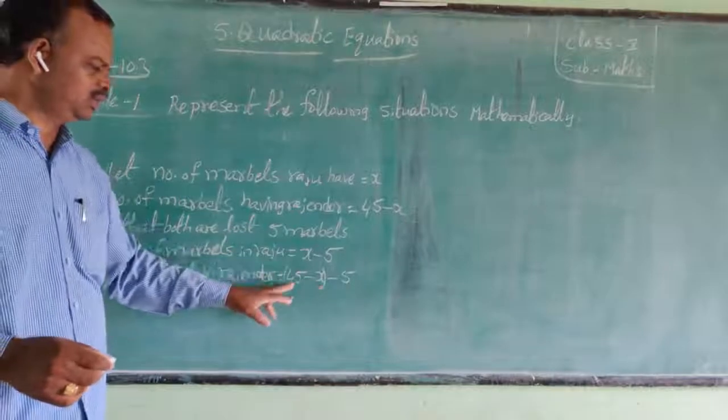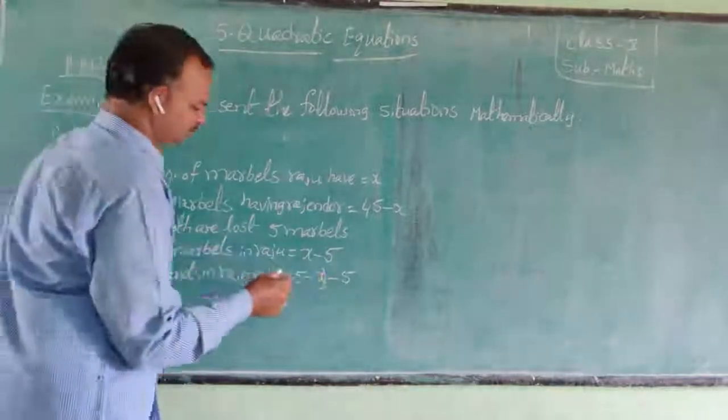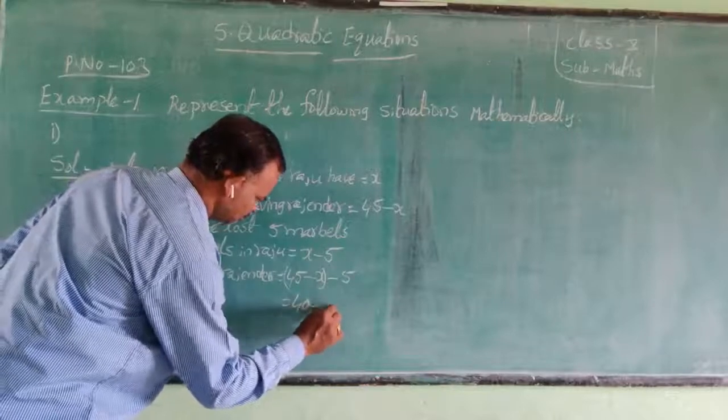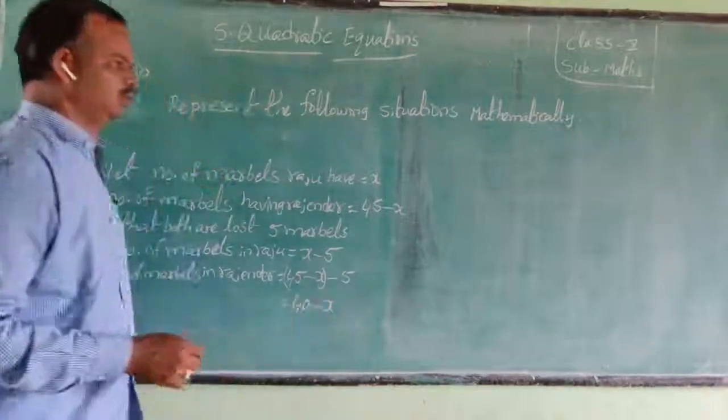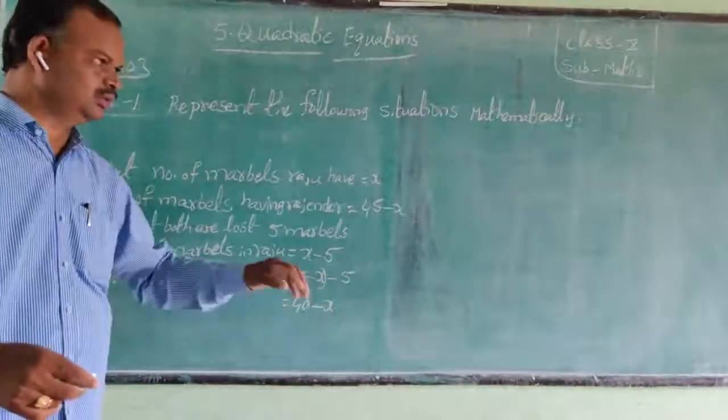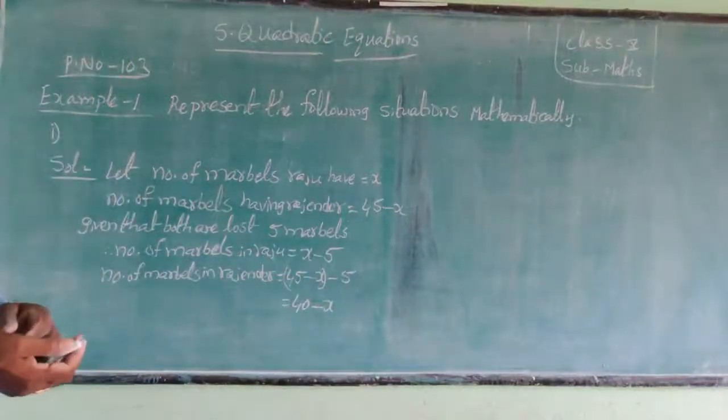Therefore, the remaining value is 45 minus 5, that is 40 minus X.